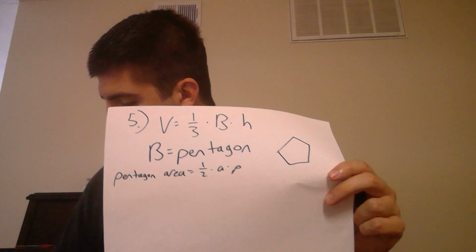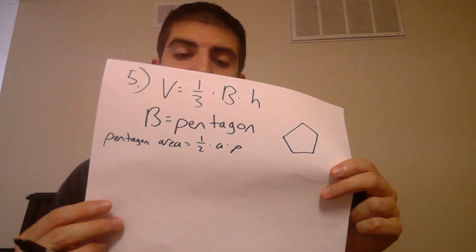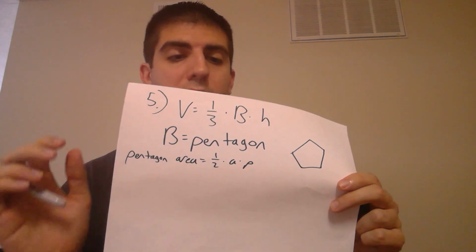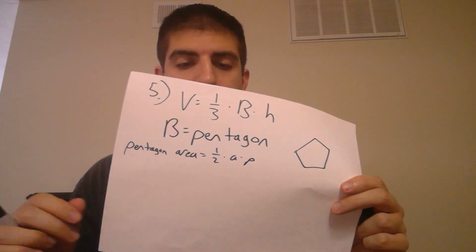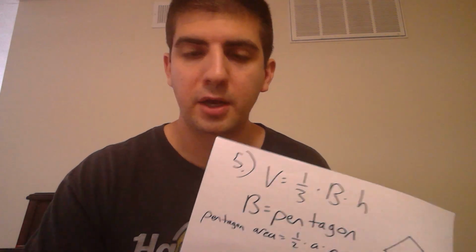So the pentagon area is going to be 1/2 AP. And recall from before, A is the apothem and P is the perimeter. So you have to look at that pentagon on number 5 and recognize that the apothem is going to be... this is embarrassing, I'm not sure what the apothem is.